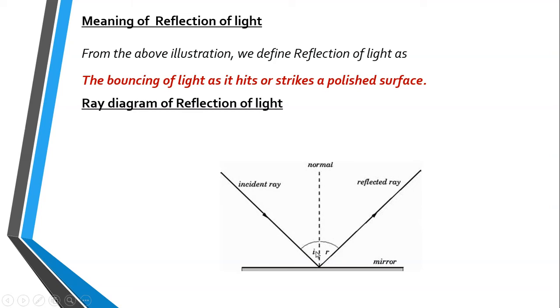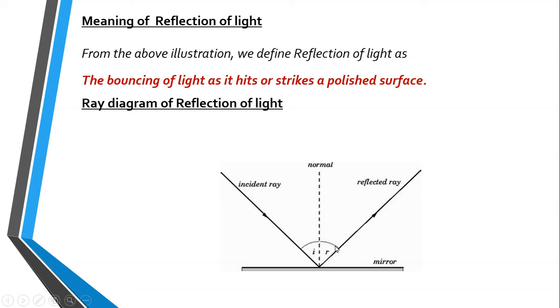Then we move on to the angle. The angle between the incident ray and the normal is called angle of incidence, as we looked at in the demonstration. Angle of incidence, and the letter small i is used to represent angle of incidence.